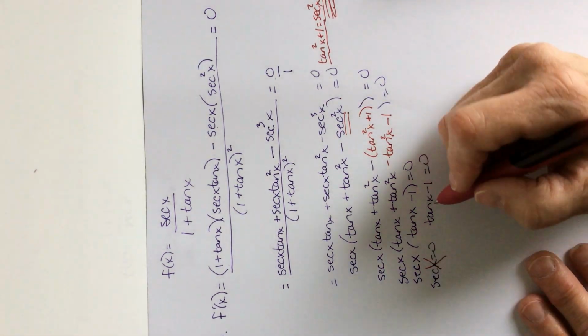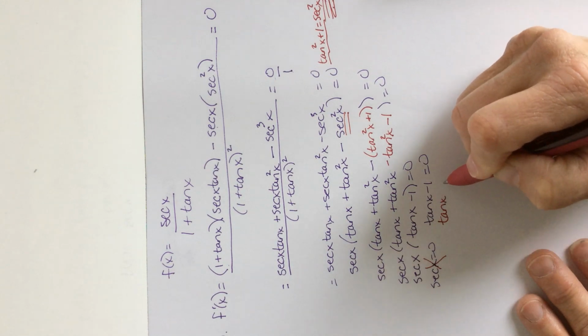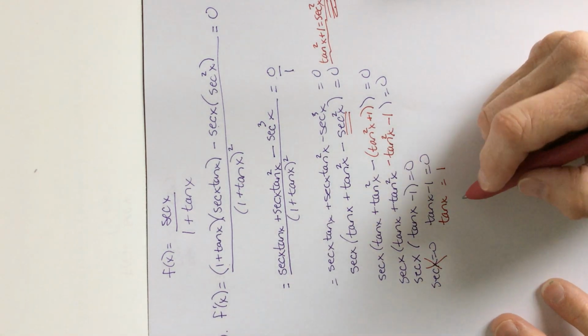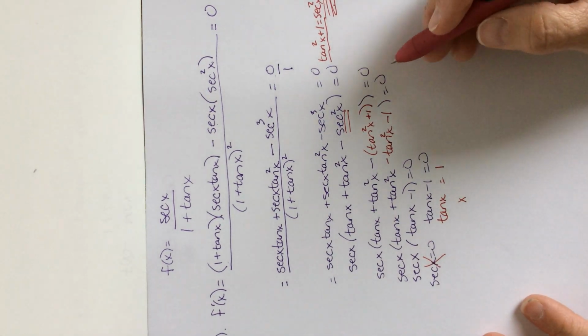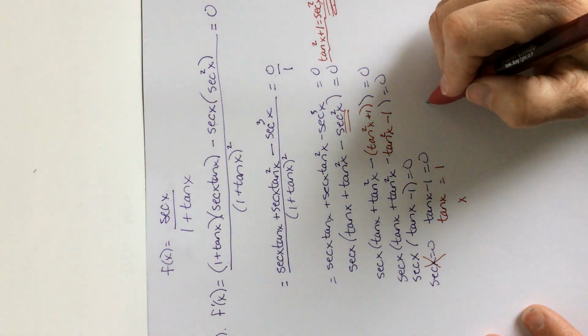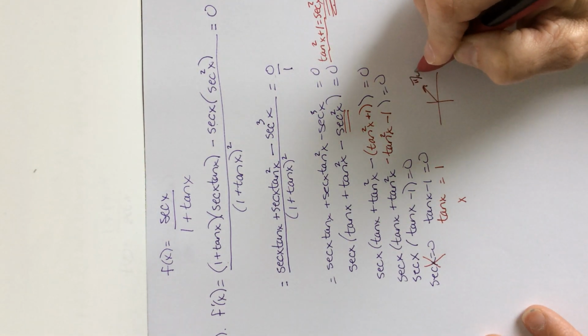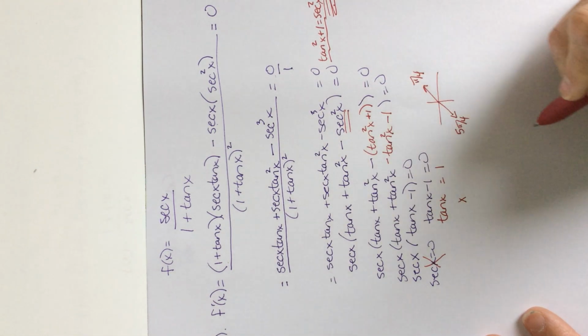Is there any tangent value? Well, if I get tangent of x by itself, then tangent of x equals 1. Is there an angle measure for which tangent equals 1? The answer to that is yes, at pi over 4, and then again at 5 pi over 4.